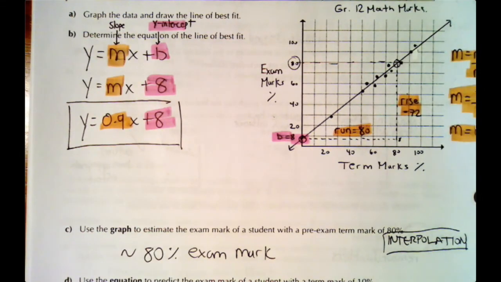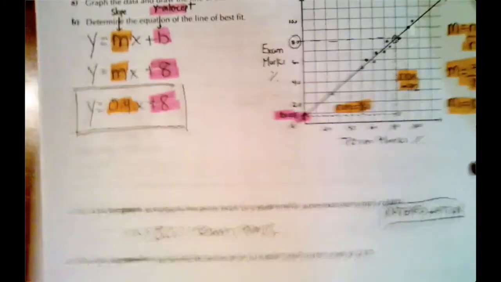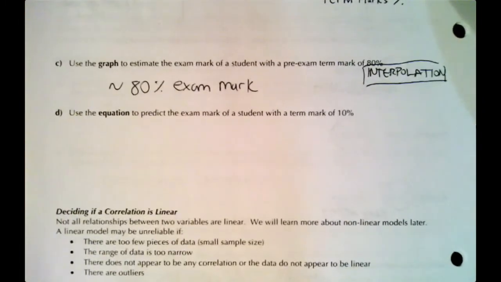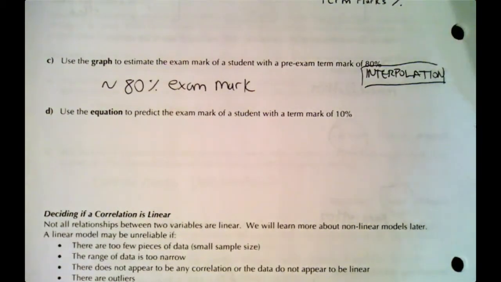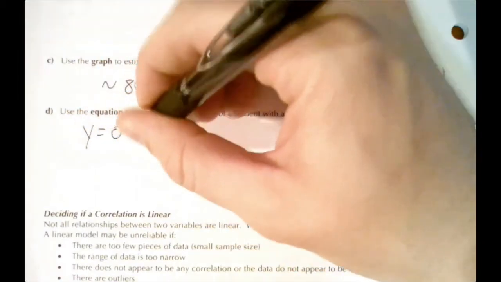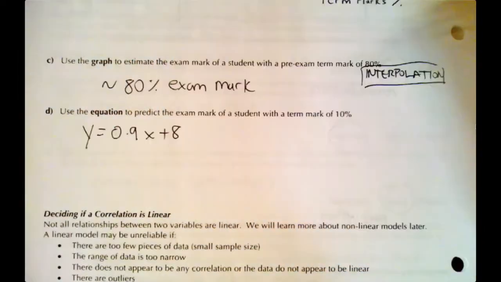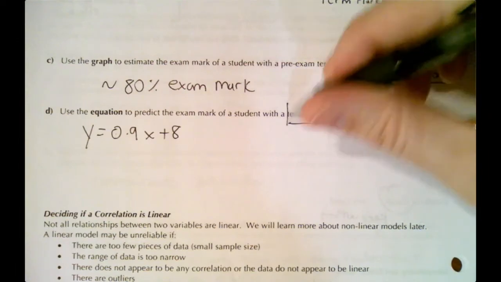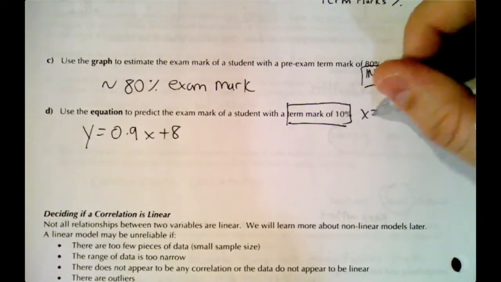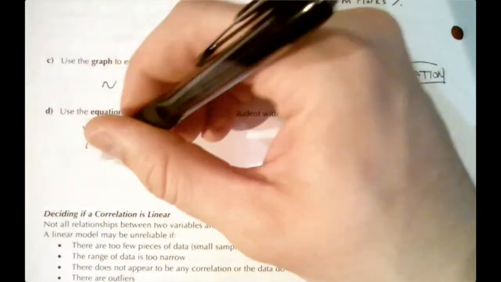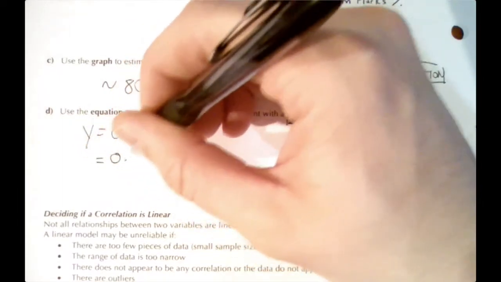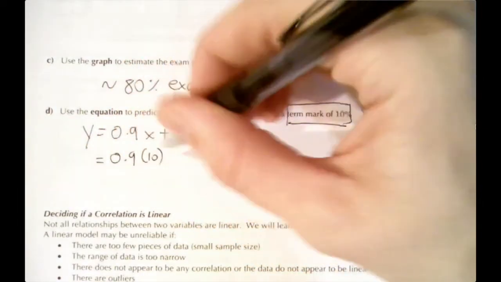So that was interpolation. Last thing we're going to do is use our equation to make a prediction for an exam mark of a student that got a term mark of 10. Our equation was y = 0.9x + 8. Term mark of 10% is saying that x is 10. Because remember, term mark is our x. So we use our equation. 0.9 times 10 plus 8.